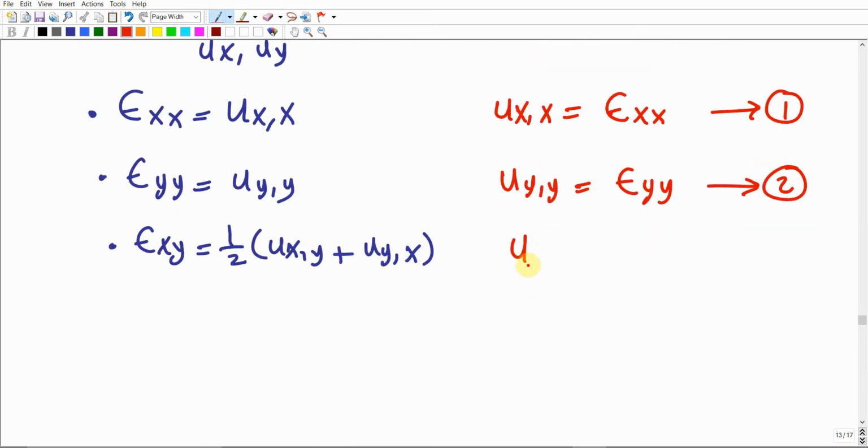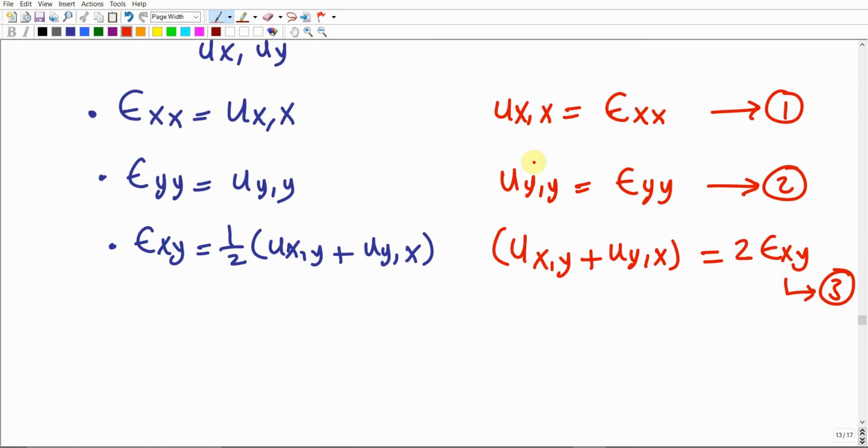And ux comma y plus uy comma x equals 2 epsilon xy, which gives us the 3rd equation, right? Just multiply the 2 on the other side. So these are 3 partial differential equations in just 2 unknowns. So this is an over-determined system.